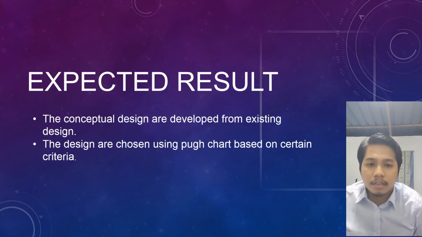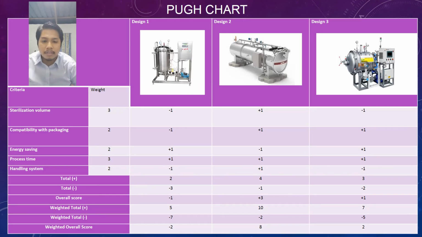The expected result of the project is the conceptual design developed from the current design, and the design is chosen using a Pugh chart based on certain criteria. From the conceptual design developed by the current design, there are three conceptual designs, which are design 1, design 2, and design 3.